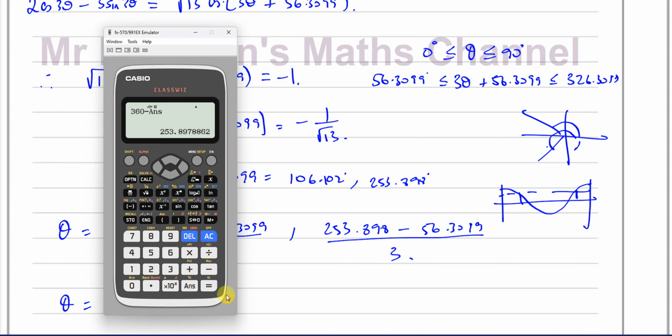So what I'm going to do is store this angle as A. That will be this one. And I'm going to store this angle as B. Hold on.